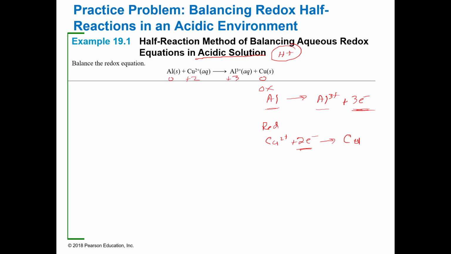Now, in order for you to add these 2 half reactions together to get the reaction that you see up here, these both have to have the same number of electrons being lost and gained. Aluminum's losing 3, copper 2 positive is gaining 2. So you have to think about what number 3 and 2 both go into, and that's easy.